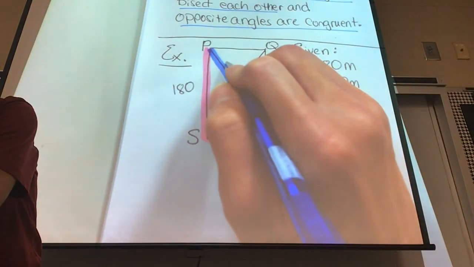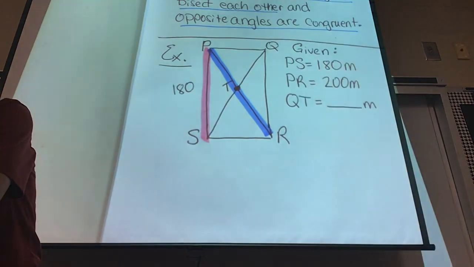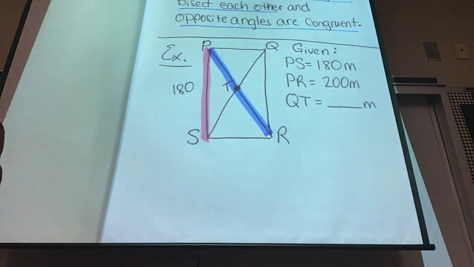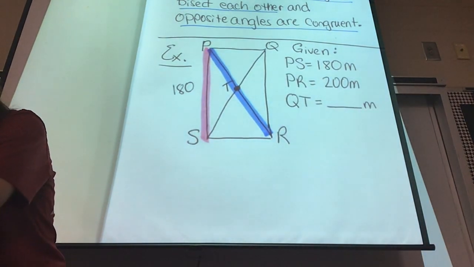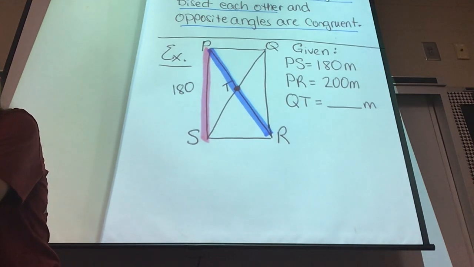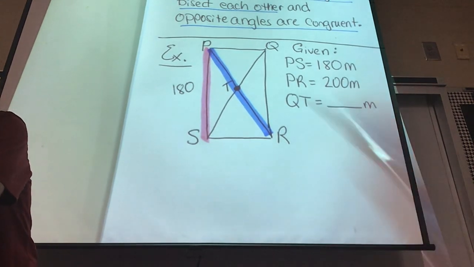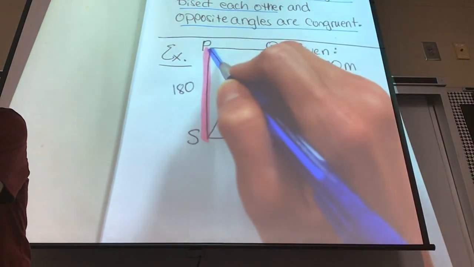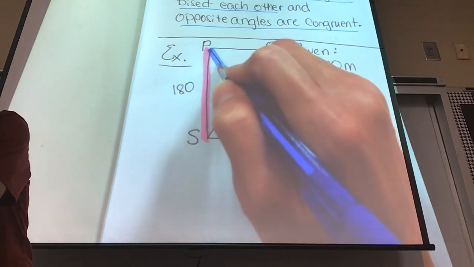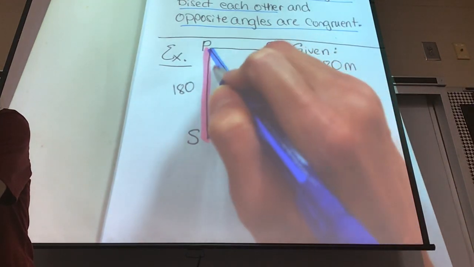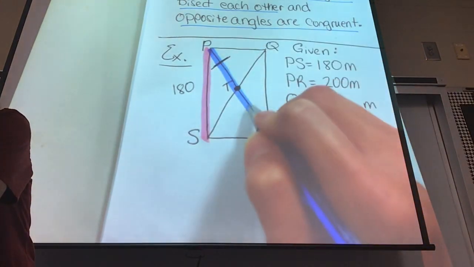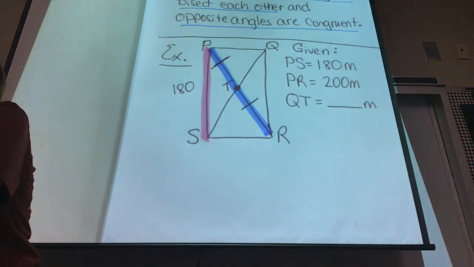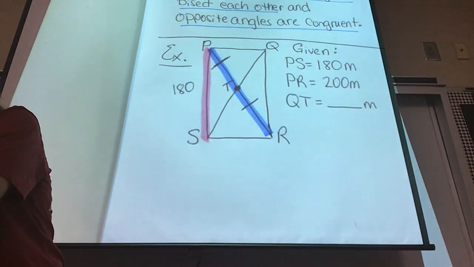So that's my 200. Of course, if it's 200, what do I know about each piece? It's 100. Because if the whole thing is 200, each piece is half. Okay? So let's remember this piece and this piece are congruent.